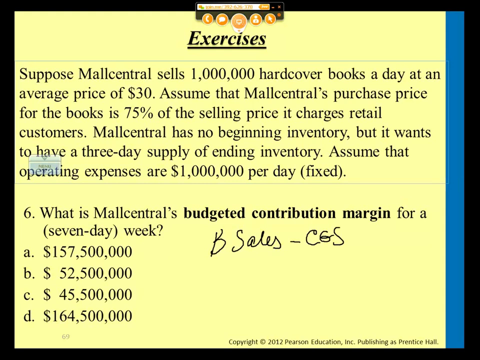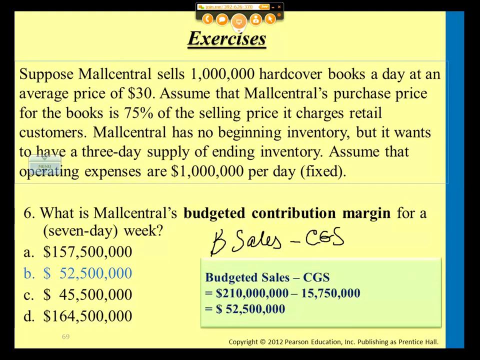We just calculated it on the previous slide. We said 210, and cost of goods sold is our 15 million, whatever that number was. Just a second. So it's 210 million minus 15.75 million, and that we get 52,500,000.